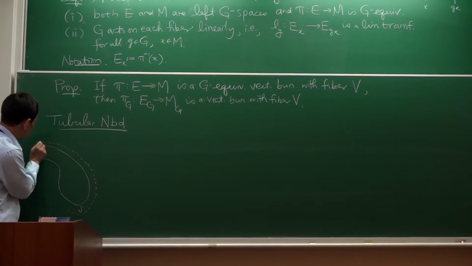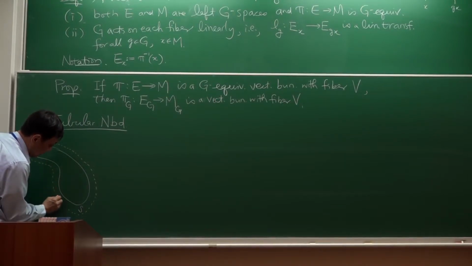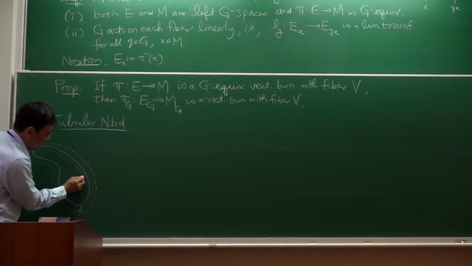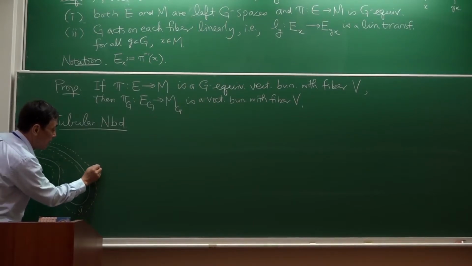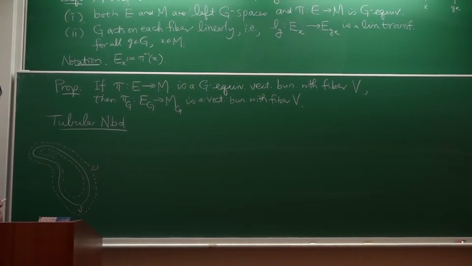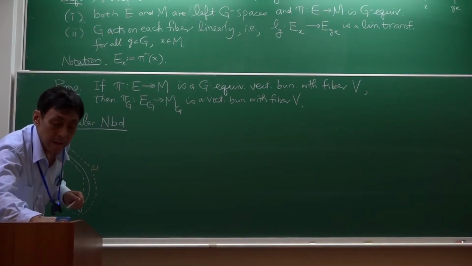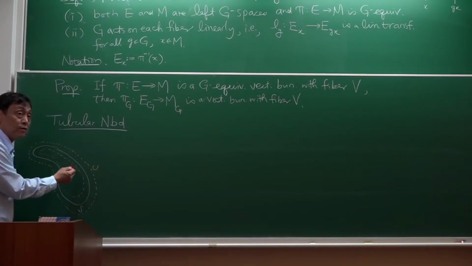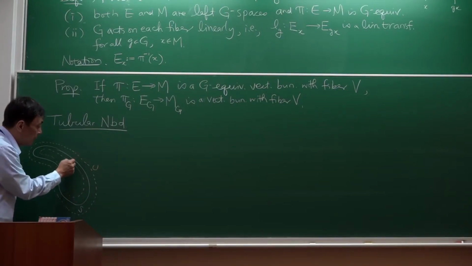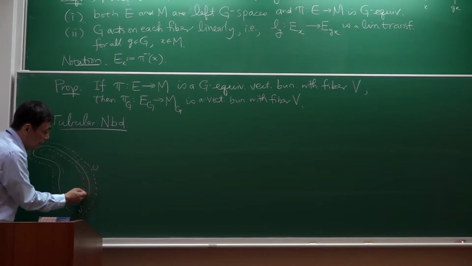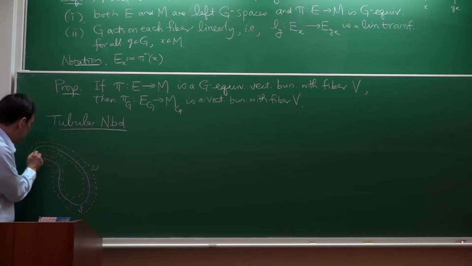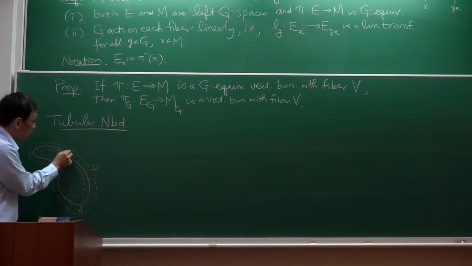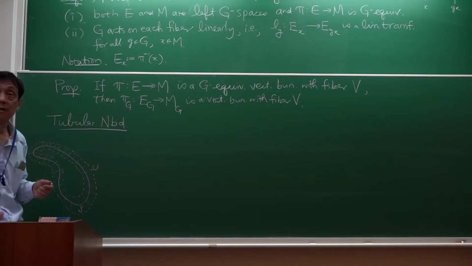It's like a tube around S. So a tubular neighborhood looks like that, and it has a structure of a vector bundle over S, with S as the zero section of the vector bundle.